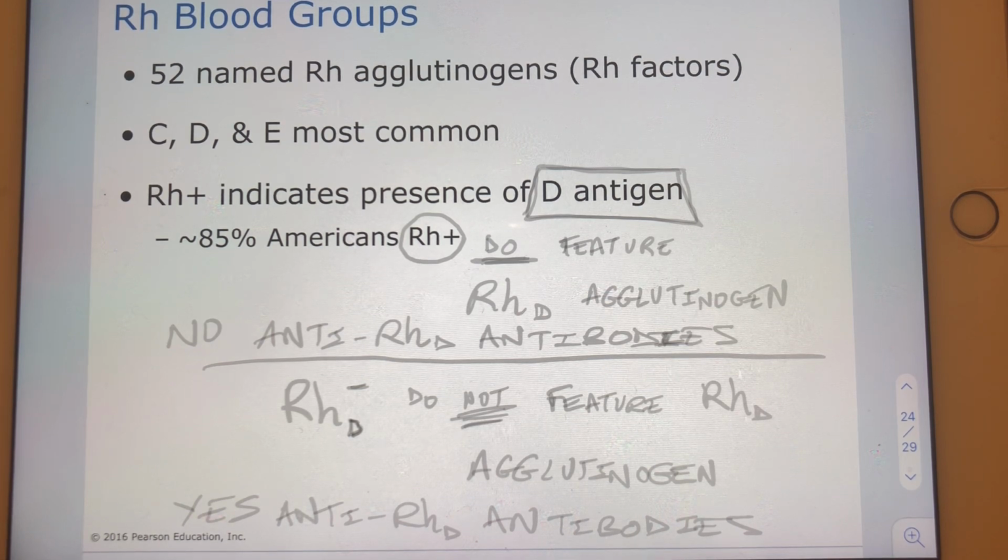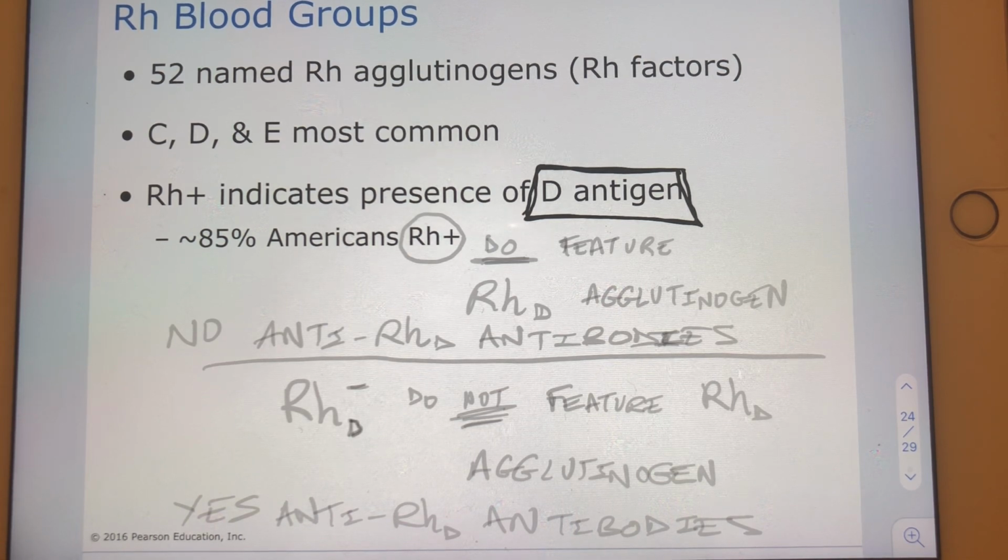But when we talk about someone's RH factor or RH type, we're really talking specifically about whether they have the name, if you will, D, written on their RH name tag. So when we say someone's RH positive or RH negative, we're really concerned with what their D group is looking like on their erythrocytes.